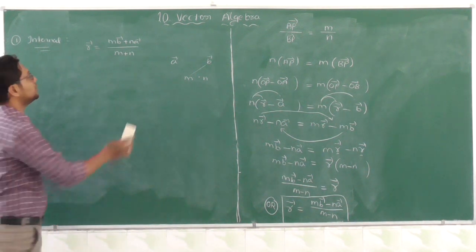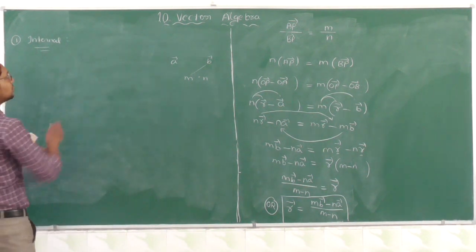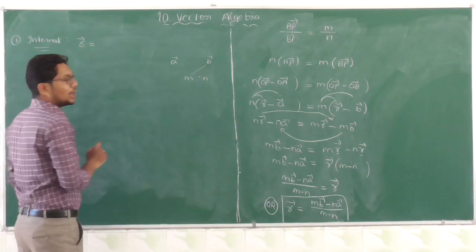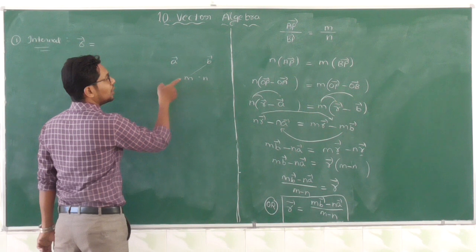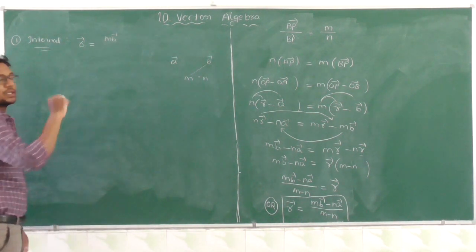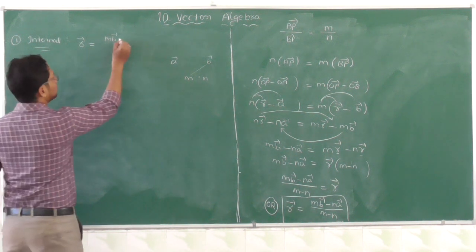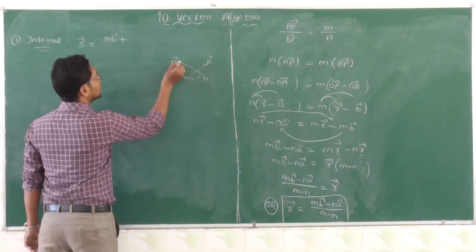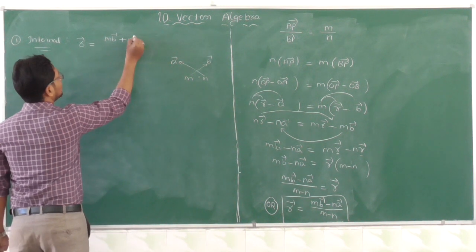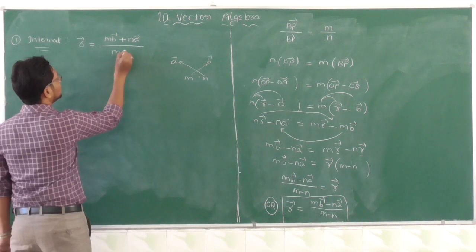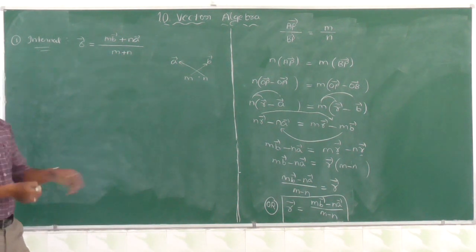How are you going to remember this formula? Internal case formula: R vector equals m B vector. For the internal case we take only plus, so m B vector plus n A vector divided by m plus n. Very simple.